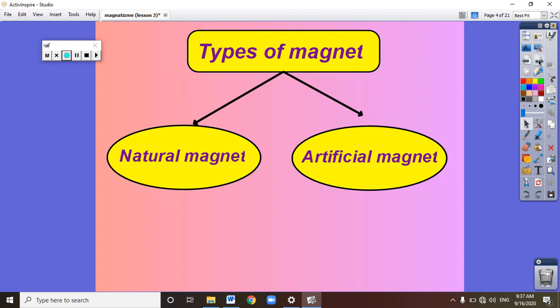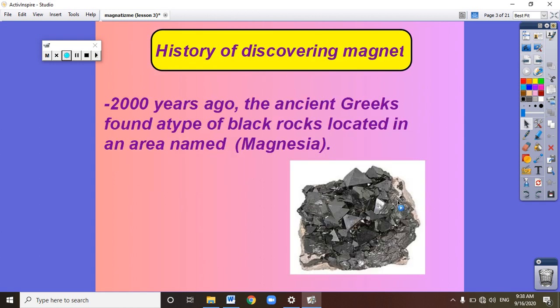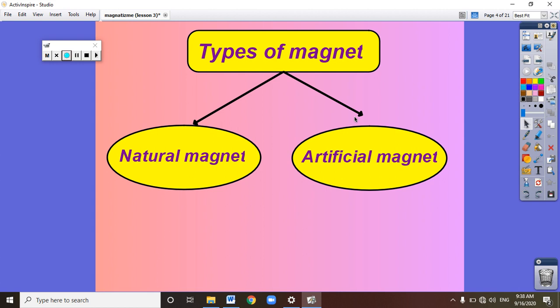We have two types of magnet, natural magnet and artificial magnet. The natural magnet is the magnet that we find in nature. We find it in the mountains, like the Greeks did. When the Greeks found the magnet, it was a natural magnet. And the other type is artificial magnet. What is the meaning of artificial? It's man-made.